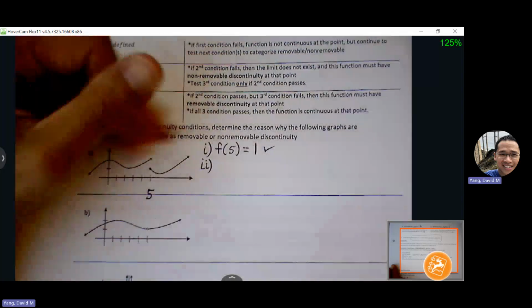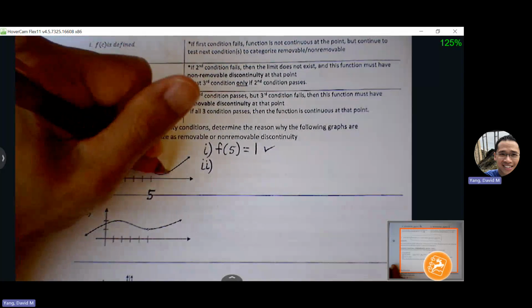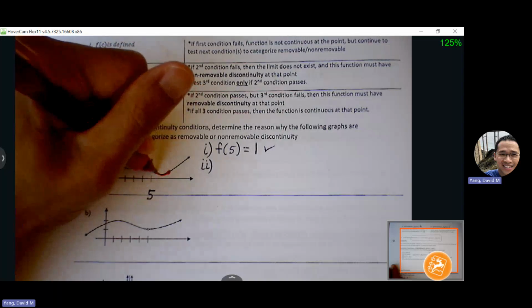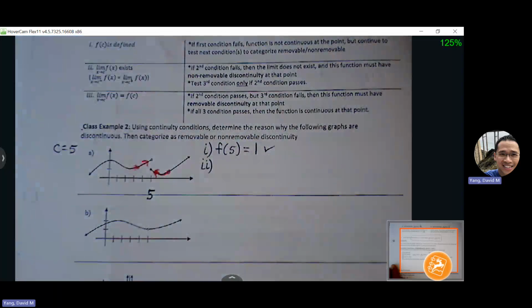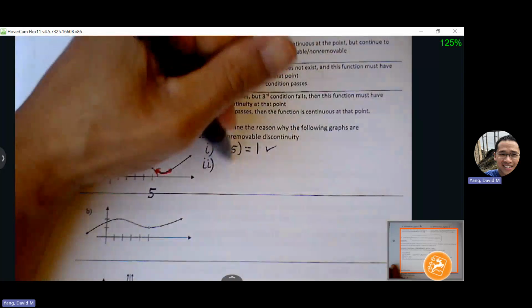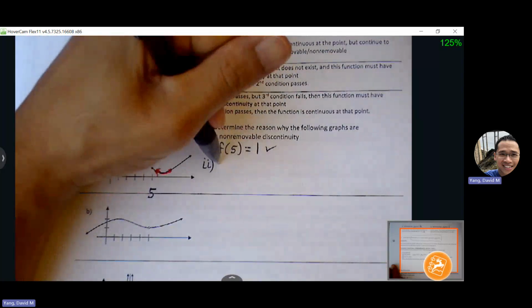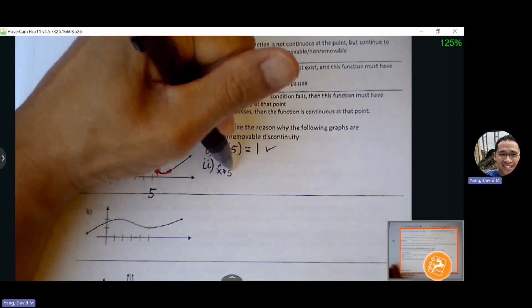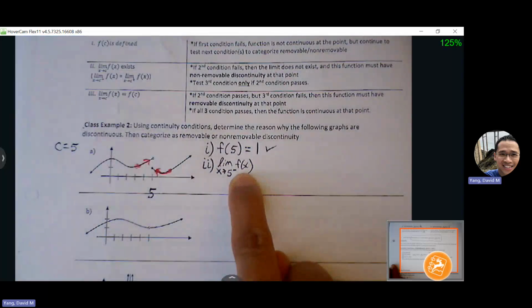No. Right. And we know that because if I pick points on either side, and if I draw an arrow towards my destination, the arrows are not pointing to the same y value. The limit doesn't exist. But we want to translate those arrows into a formal way of writing it out. So we're going to use one-sided limits. We're going to say this: limit as x approaches 5 from the left side of 5 of f of x. Make sure we are writing out that f of x.